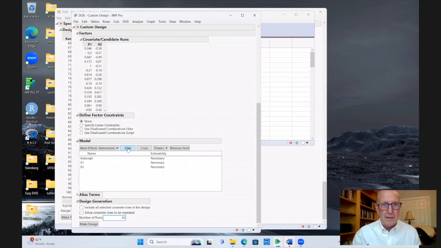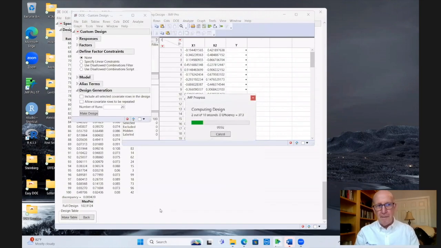And let's say that I want to be able to fit two-factor interactions and quadratic effects. So now what this is going to do, let's say I'm willing to do 20 runs as you would with a regular space filling design. And so I'm going to do that.